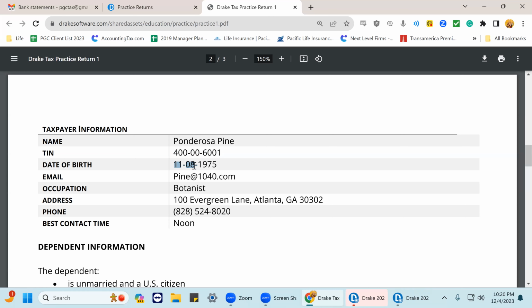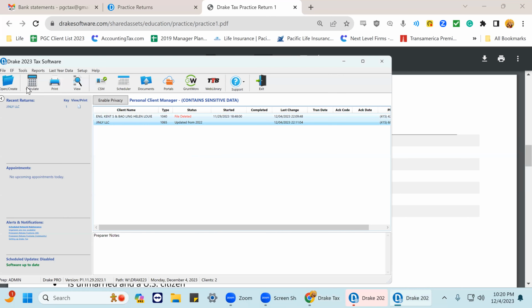And then the rest of the information. Now I want to start by opening a new file. So I copy this social. This is the 2023 tax return, I open it. Okay.